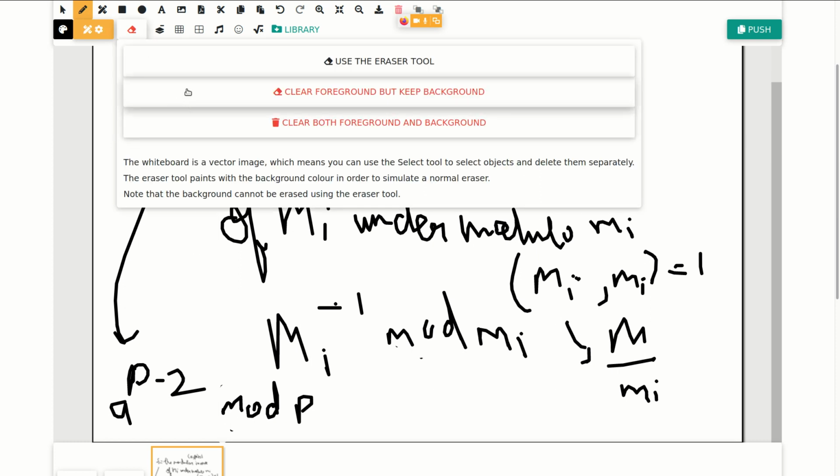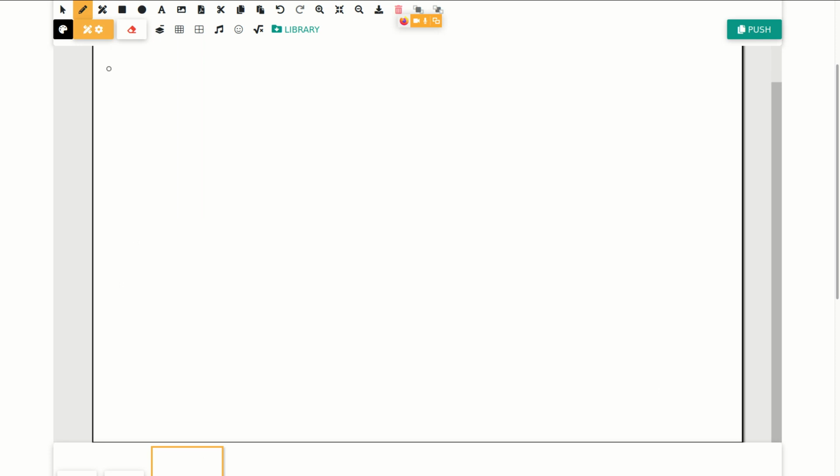Alright, so this brings me to the next theorem, which is called Fermat's little theorem. I'm writing FLT for short because it will take a lot of time writing Fermat's little theorem here. But Fermat's little theorem is pretty simple.